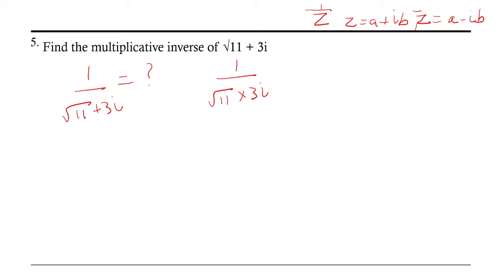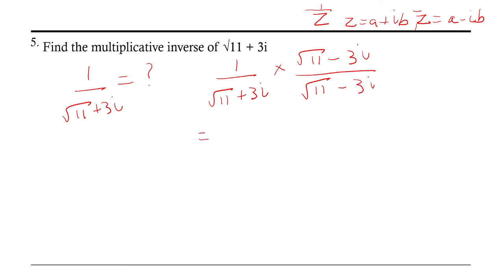So here the conjugate of √11 + 3i is √11 - 3i. So we have to multiply and divide by the conjugate, that is √11 - 3i.